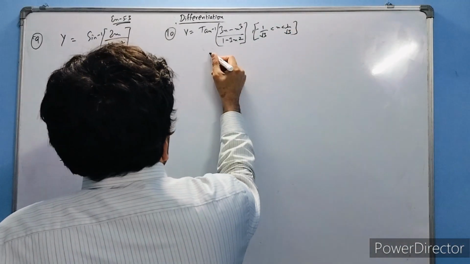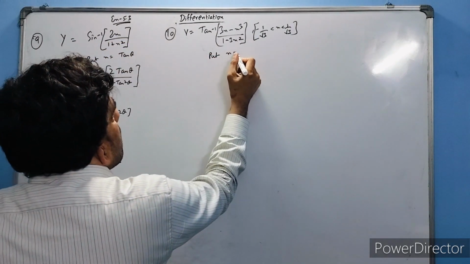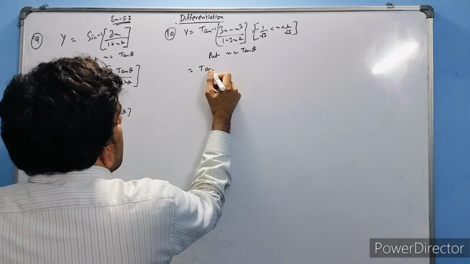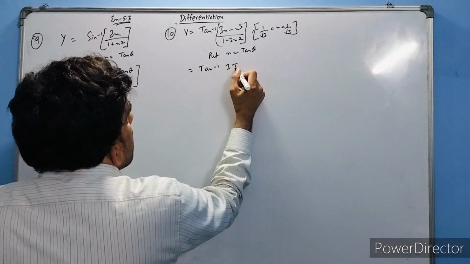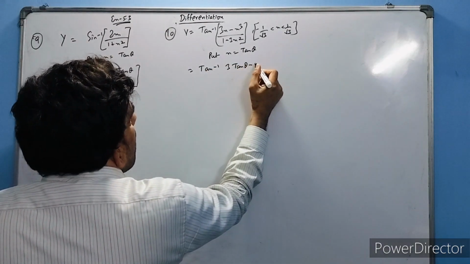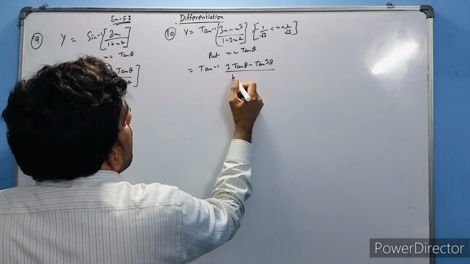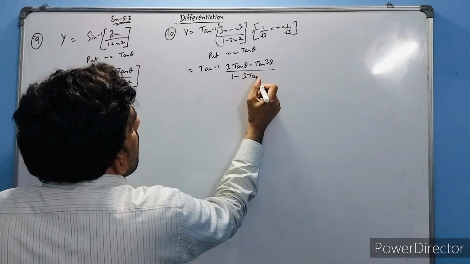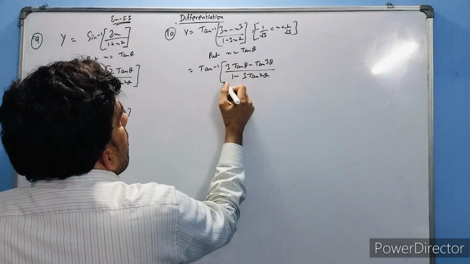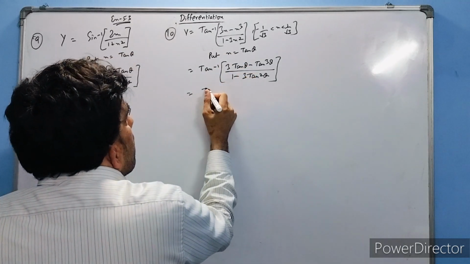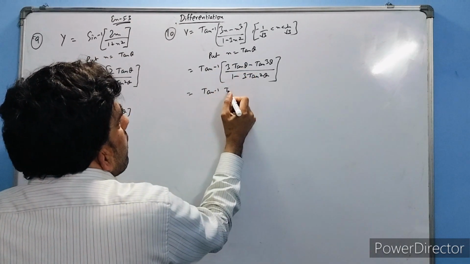Now we put x is equal to tan theta. So we have tan inverse of 3 tan theta minus tan cube theta upon 1 minus 3 tan square theta. We all know this formula, that is tan 3 theta.